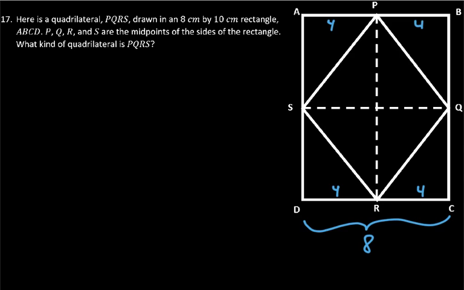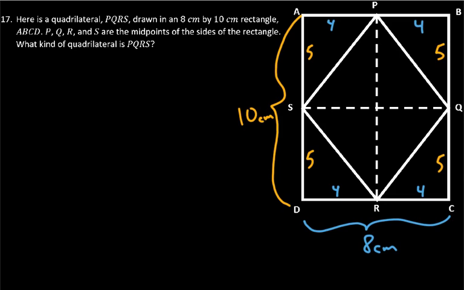And since it's a rectangle, those side lengths have to also be congruent. And this side must be of length 10, and that's in centimeters. I guess I could write in those units just to be thorough, which will make this 5 and 5, since S is the midpoint of A and D. And because it's a rectangle and Q is the midpoint of B and C, those are also 5.